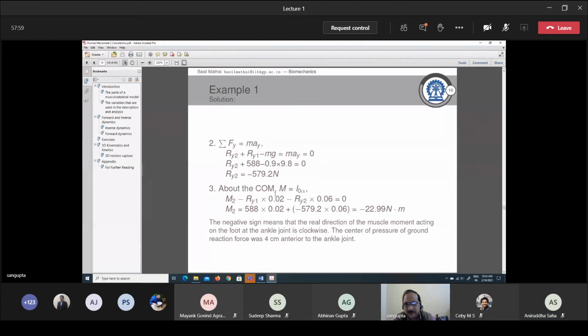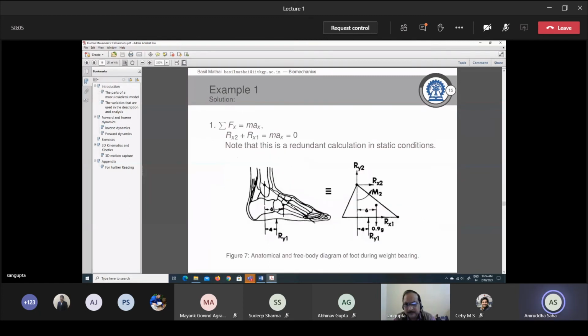Where is the center of mass? Which point? Sir, he mentioned that where that 0.9 G is acting, that is the point. If that is the point, it should have Rx1 also, Rx2 also.